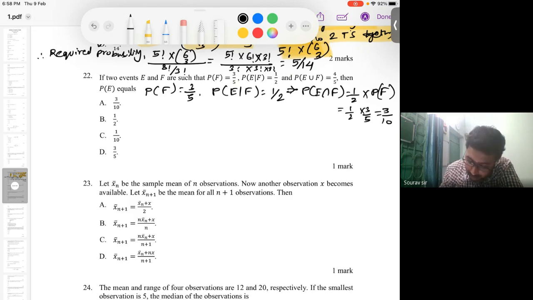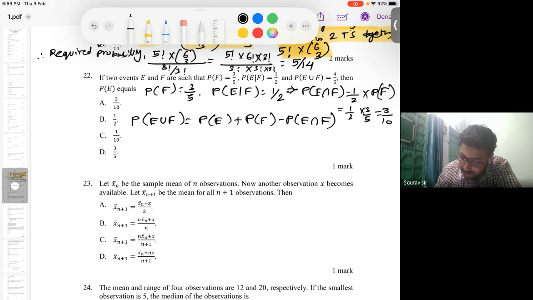Now, we know the formula: P(E union F) is equal to P(E) plus P(F) minus P(E intersection F). Now just put in the values and you will easily find P(E), which is what we are required to find.